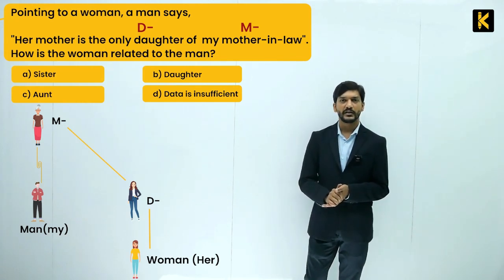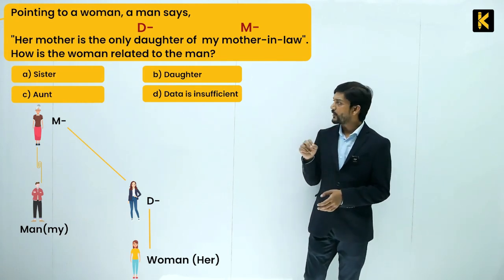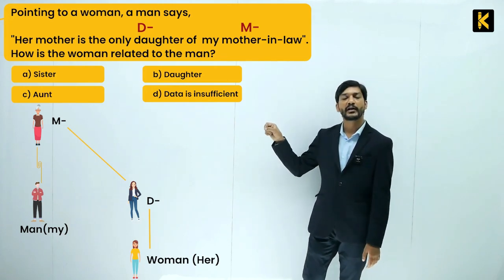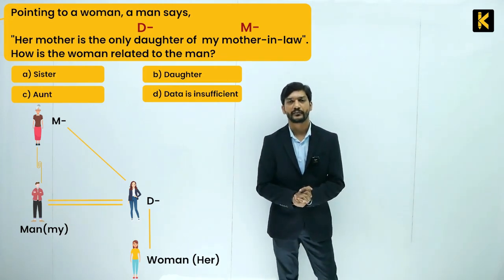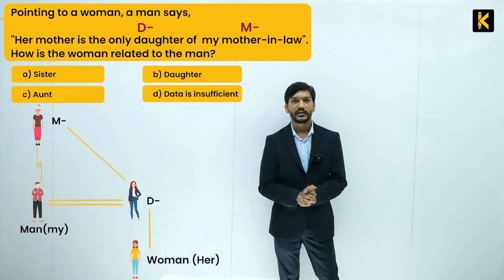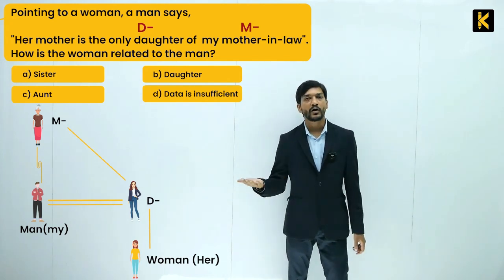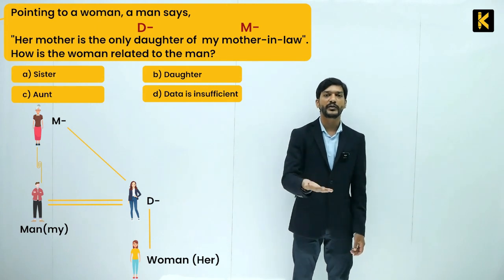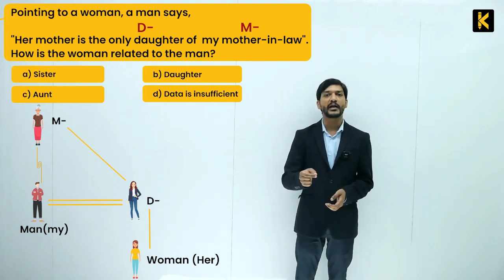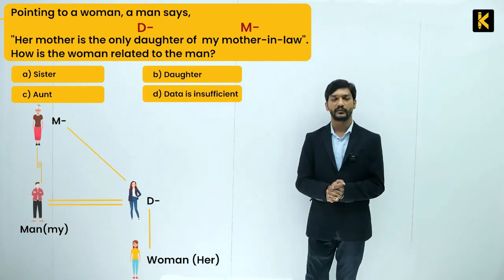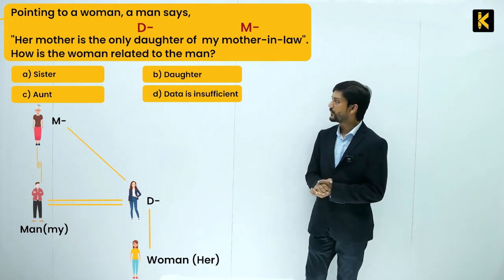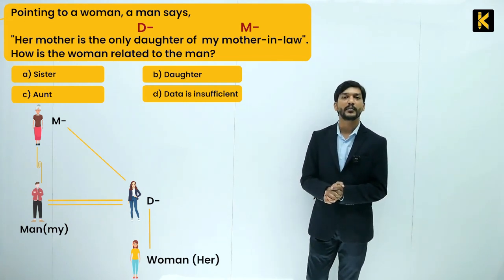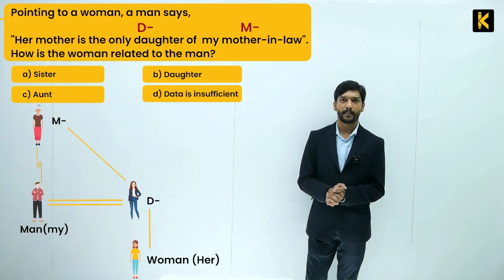So that means these two persons, the man and D minus, should be a couple, because this M minus is in-law for the male person and real mother of the female person. So those male and female persons should be a couple. So let me show that the man and D minus are a couple.